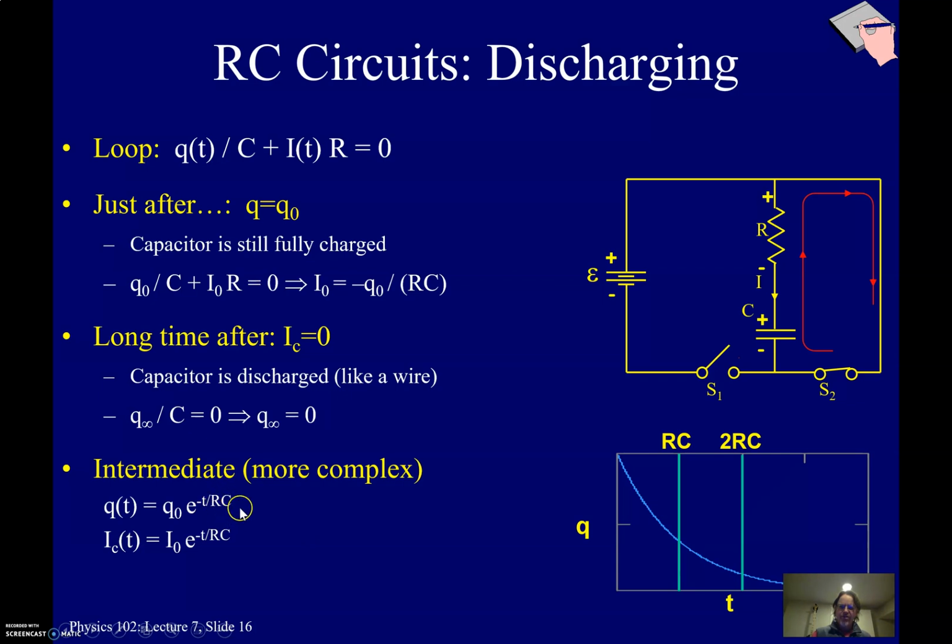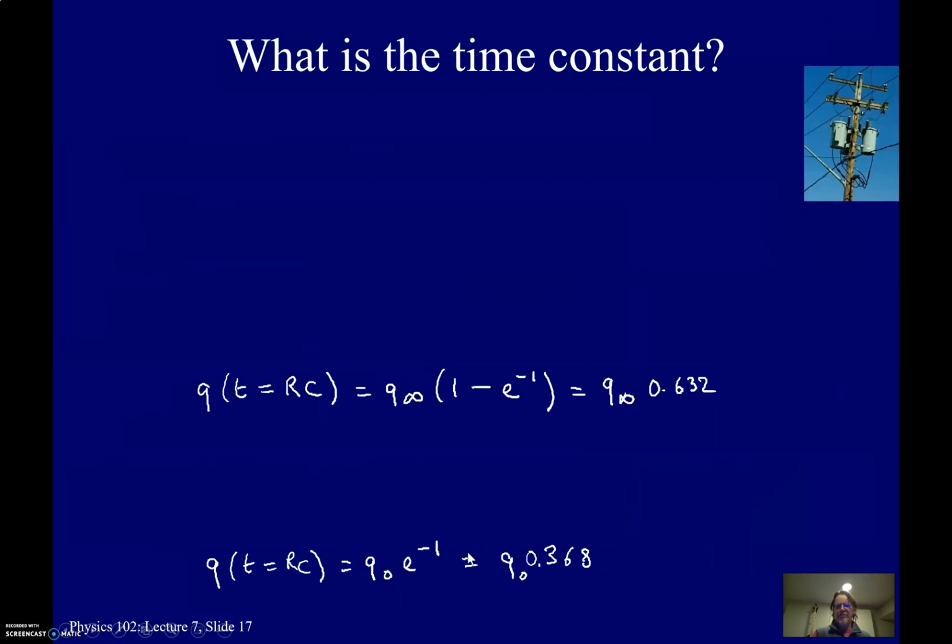So the RC is going to represent your time constant, or it's related to how long it takes to get to this value here, which in a moment we'll learn is where we've lost 63% of the charge. Here we've lost 95% of the charge. Here at 3 of these, we've lost about 99% of the charge, and so on.